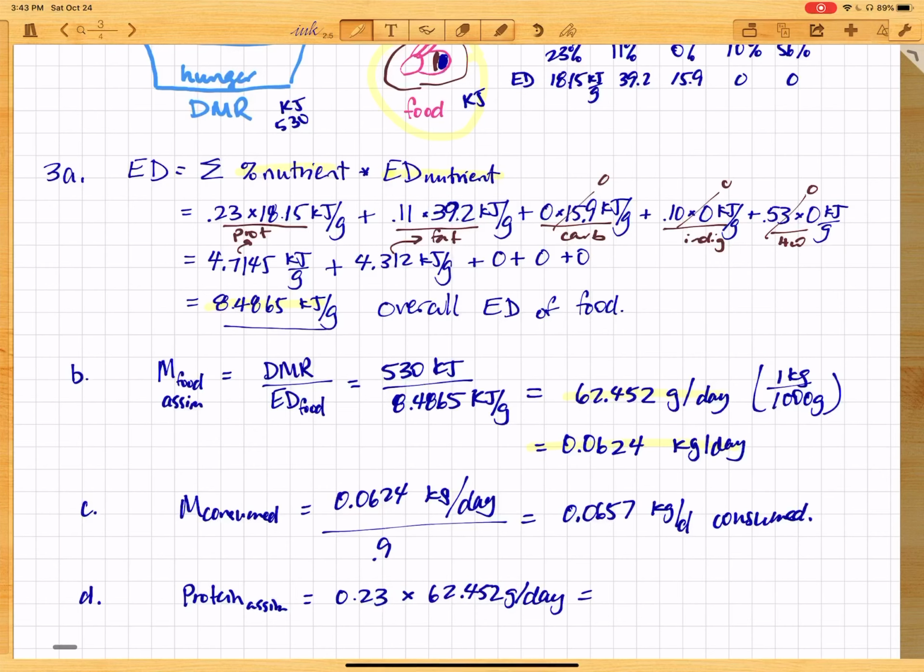So 23% of that is protein. So that's going to be 14.364 grams per day protein.